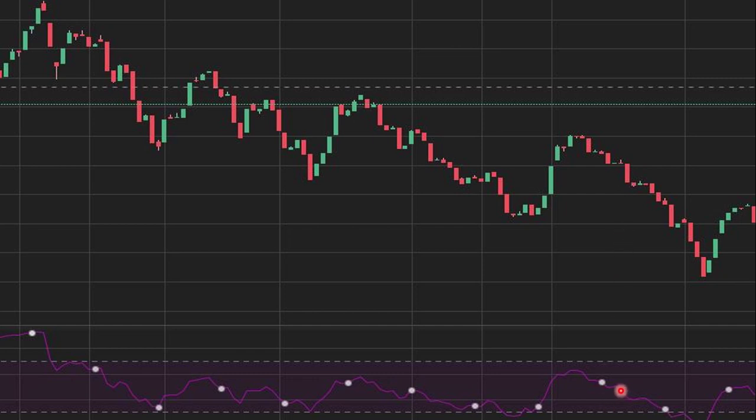Also here we have another buying signal, and from about here to here, we have another bearish signal.